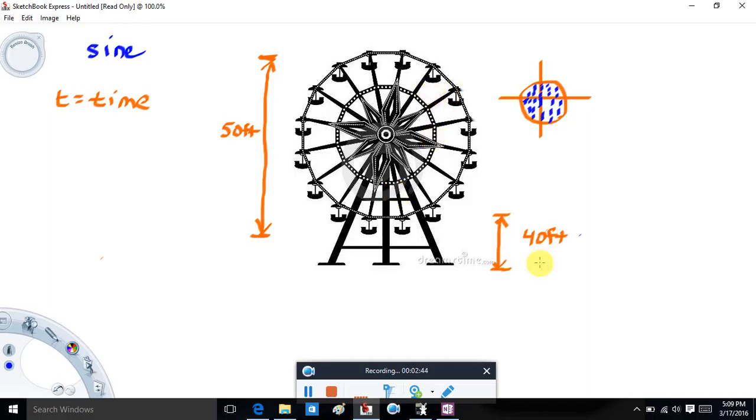We know since the height of the wheel is 40 feet off the ground, that's going to represent a vertical shift. So if we write our function f of t, it's going to equal 40 plus something.